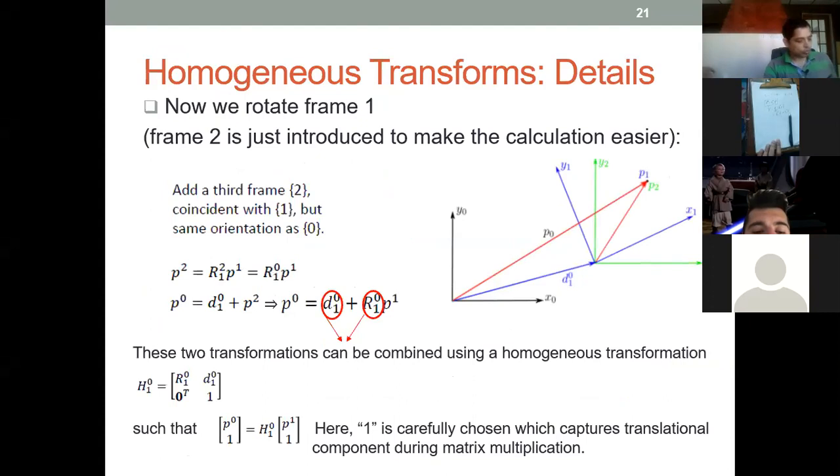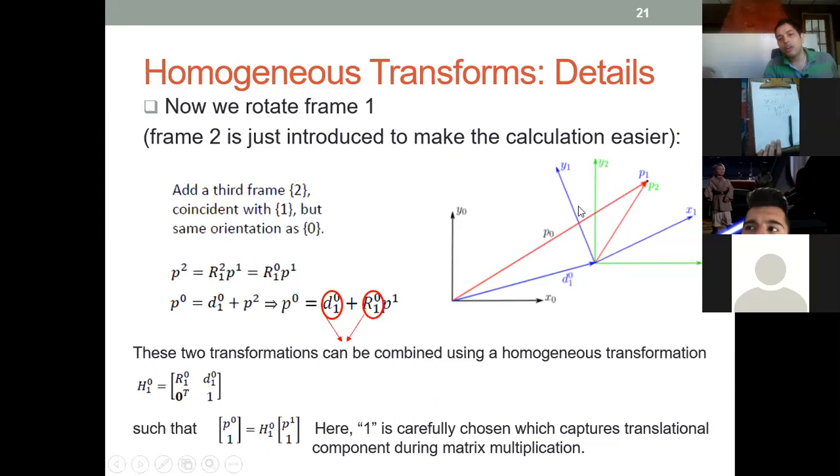Now, what is this P1? Look at this picture here. P1 is the position of this point with respect to this blue coordinate system, which is the rotated frame.